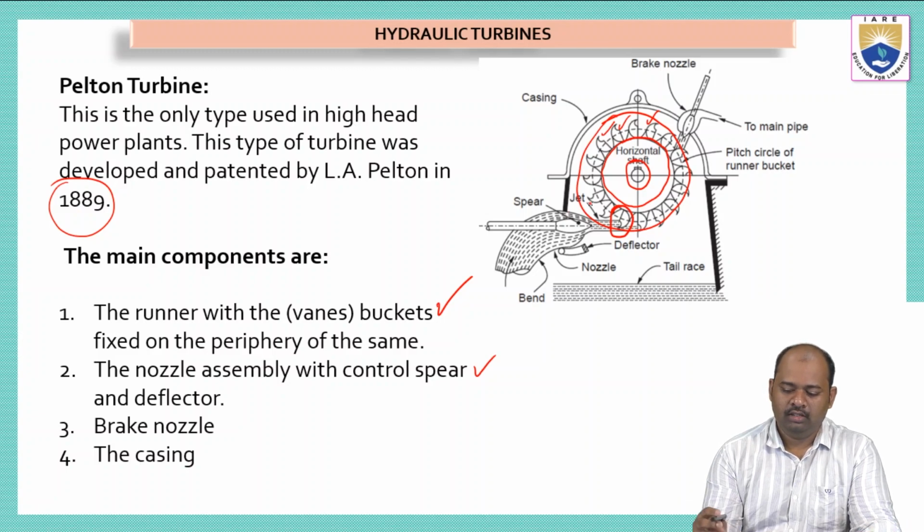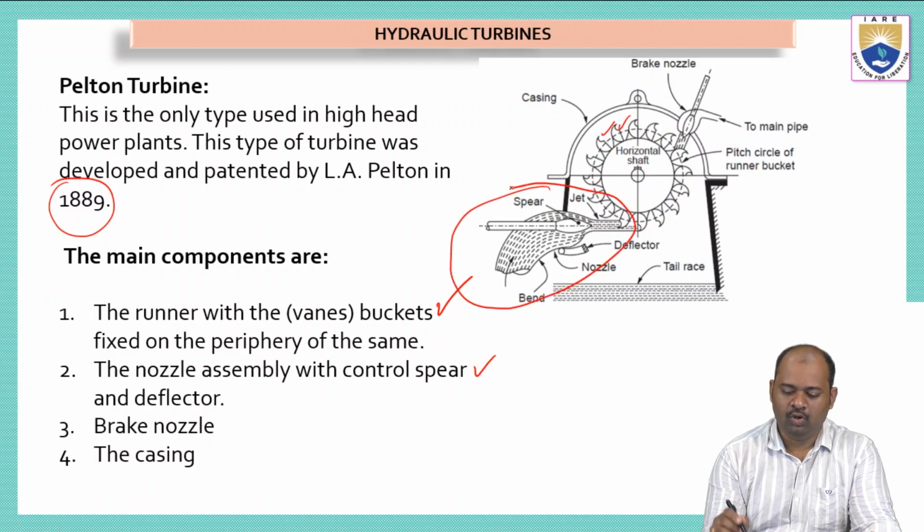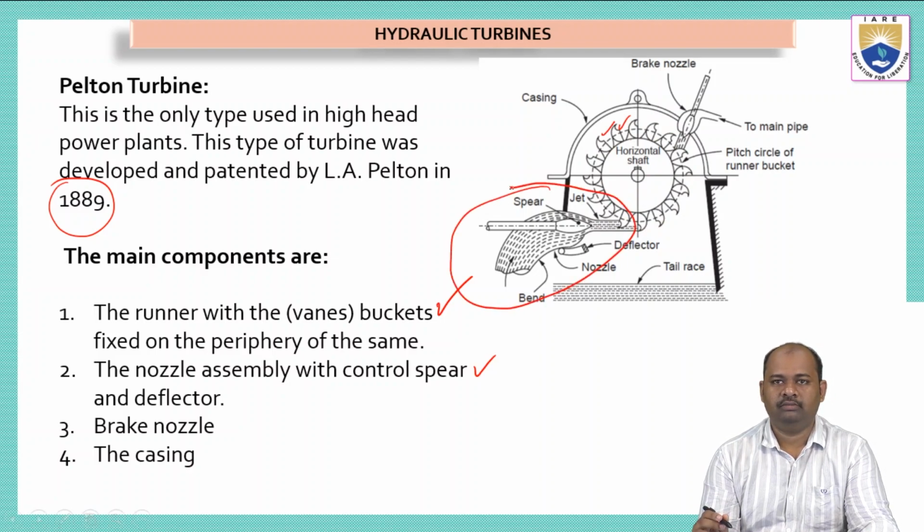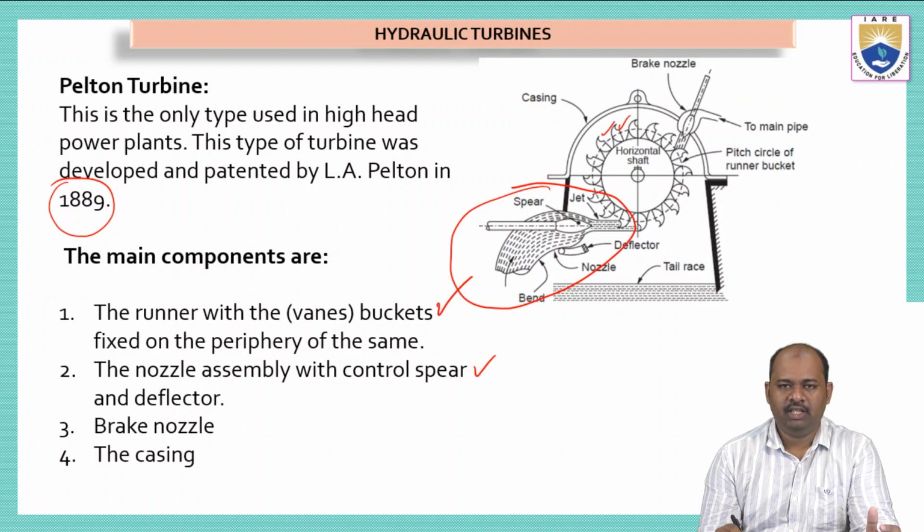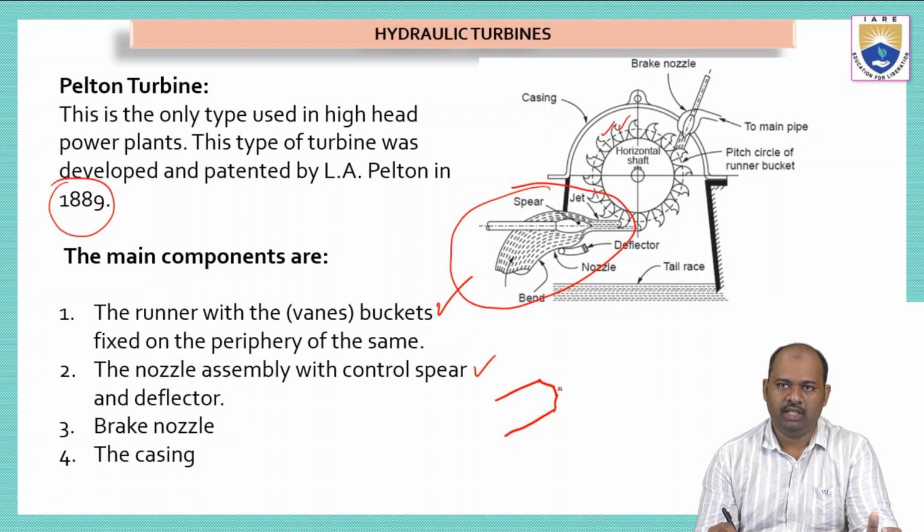See here, this is called the nozzle and spear arrangement. What is the function of this nozzle and spear arrangement? It is used to control the flow of water coming out of the nozzle. We have seen in the previous lecture that the function of a nozzle is to increase the pressure and velocity by decreasing the cross-sectional area.